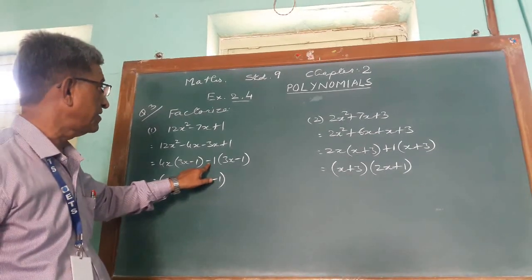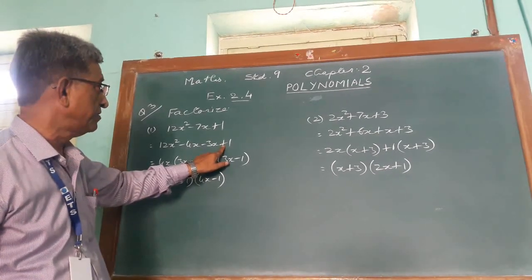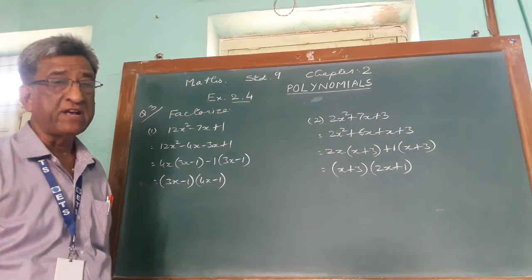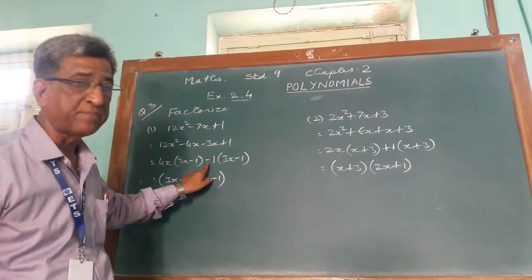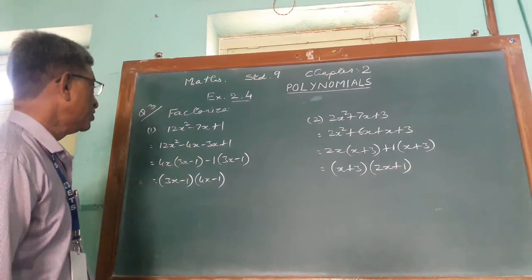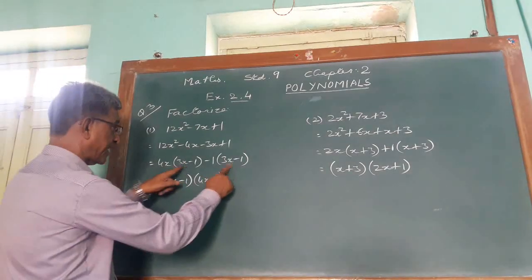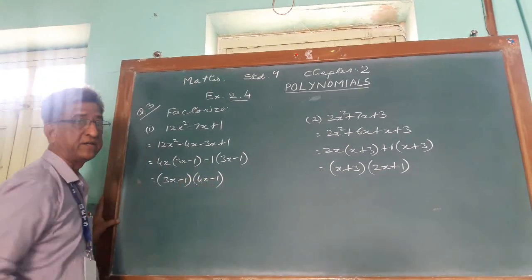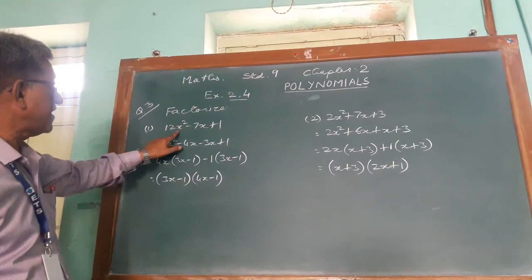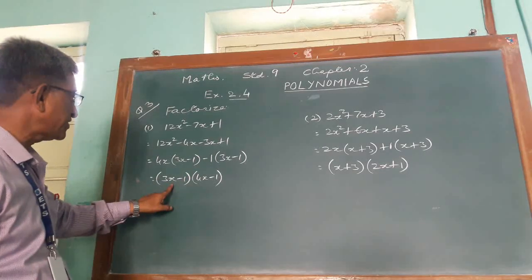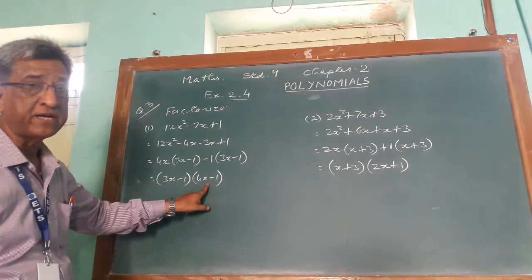So here the sign will change. Minus into minus becomes plus. Whenever there is negative sign outside the bracket, you have to change the sign inside the bracket. So this will be common bracket 3x minus 1, and the second is 4x minus 1. So factors of 12x square minus 7x plus 1 are 3x minus 1 and 4x minus 1.